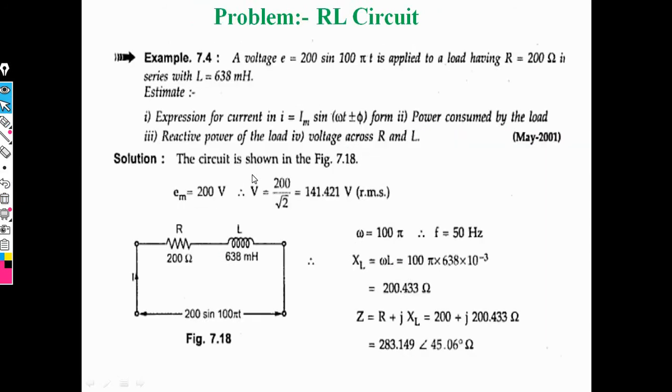Now this is the problem, a very simple problem based on the RL circuit. Voltage is given, equal to 200 sin 100 pi t, and is applied to the load. This is the circuit diagram. R is equal to 200 ohm, and the inductance is given as 638 millihenry.